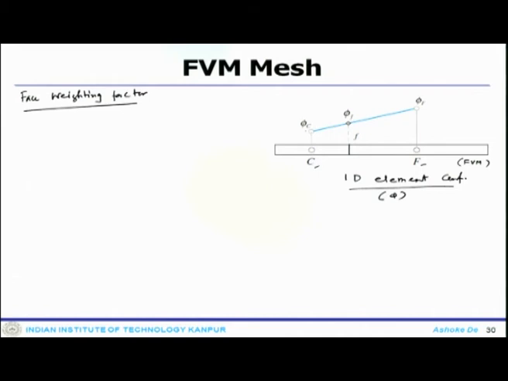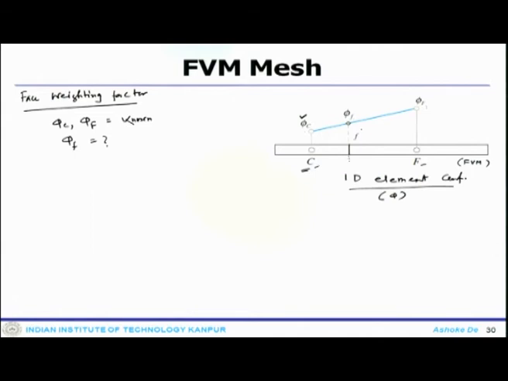The value at this center is phi_C, the value at the face is phi_f, and the value at the center of this F element is phi_F. So, you know the values at the centers, phi_C and phi_F, these are essentially known values. Using that, we try to find the face value.